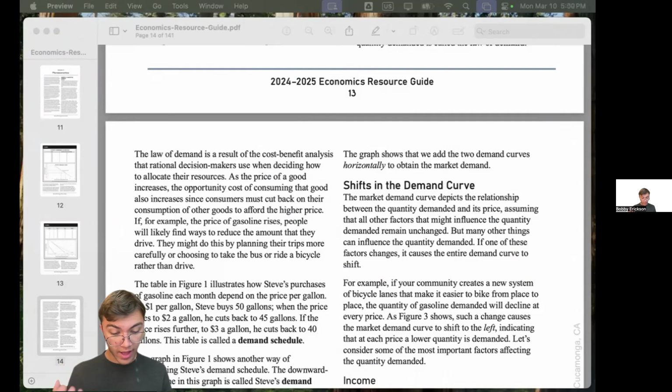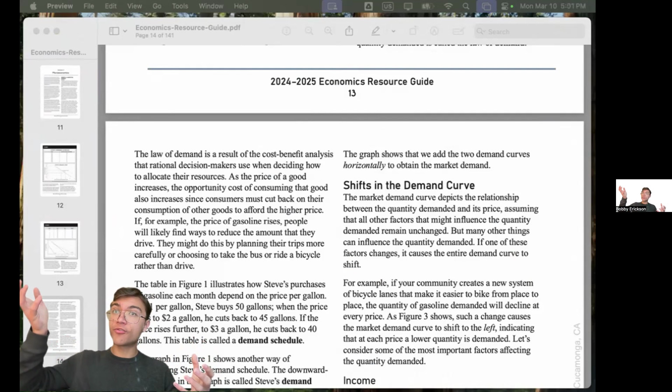This is because consumers have to choose, okay, I'm not going to consume this other good. So let's say for example, the price of apples and oranges. We have apples here and oranges and they're at the same price.